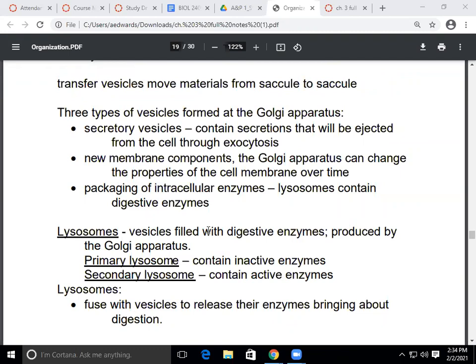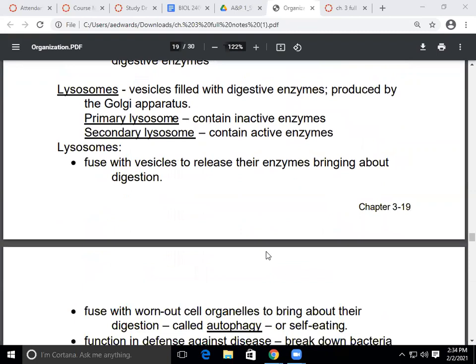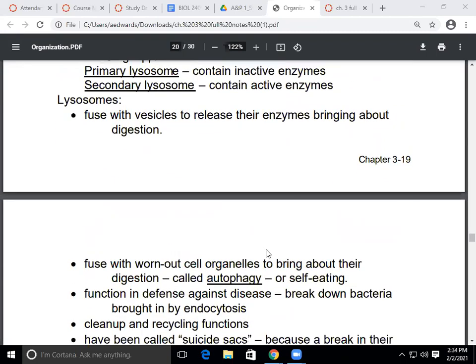So they're vesicles, again, they have digestive enzymes. They're made by the Golgi apparatus. If they have inactive enzymes, they're primary lysosomes. If their enzymes have been activated, then they're considered secondary lysosomes. So what do they do? Well, the lysosomes are going to fuse with other vesicles.